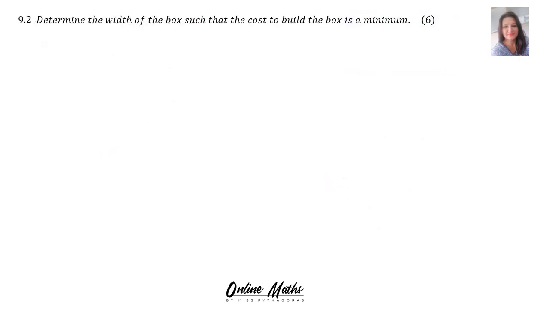9.2: Determine the width of the box such that the cost to build the box is a minimum. So where we start is with that part where they said that the volume is 5 cubic meters. So the formula for volume is length times width times height. And the volume is then 3W times W times H, and then 5 was given.